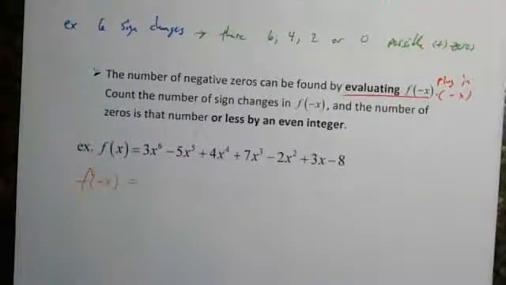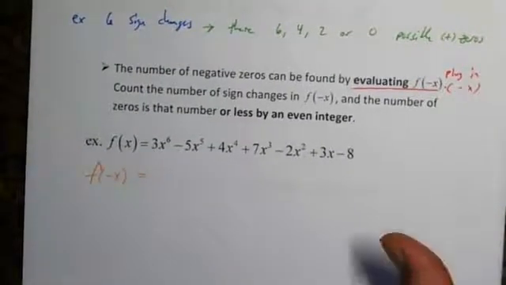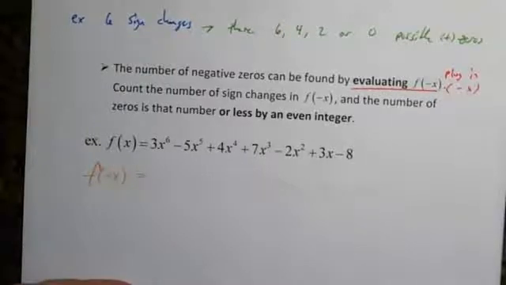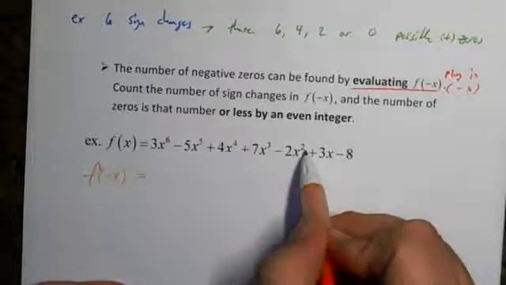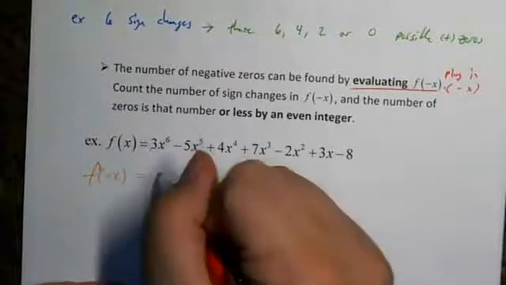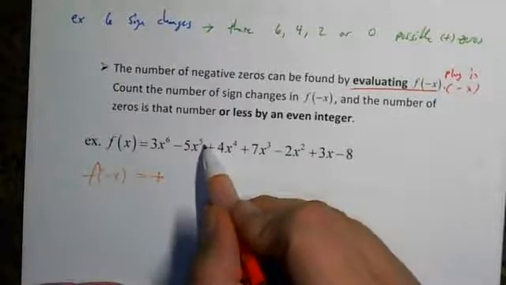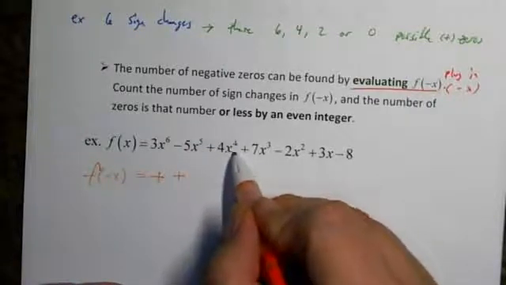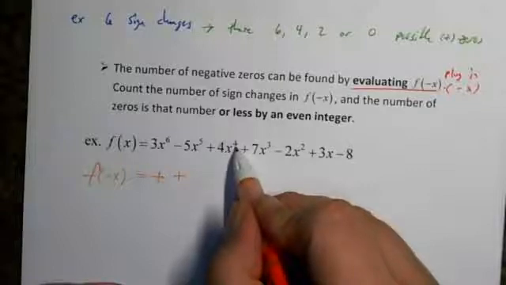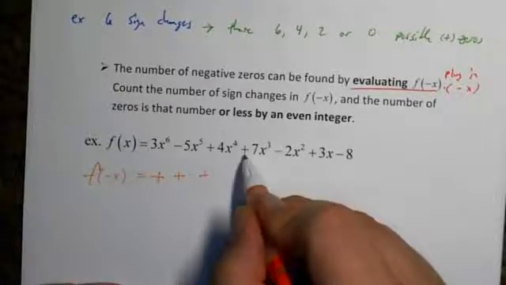F of negative x. We did this before when we were talking about whether a function is even or odd. Remember, when does the sign change? When you plug in a negative x, which one of these will the sign change for? Only when the power is odd. So this will stay the same. That's going to be positive. This one's going to change. Odd degree. So this is going to become positive. Positive stays the same. It's a positive 4. It's an even degree. So that stays the same. Plus. This changes. Minus.